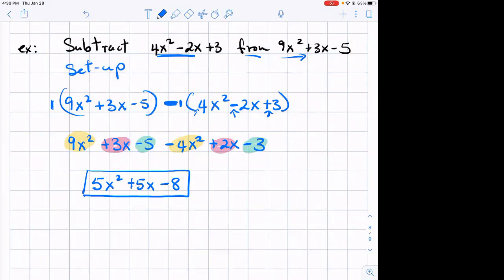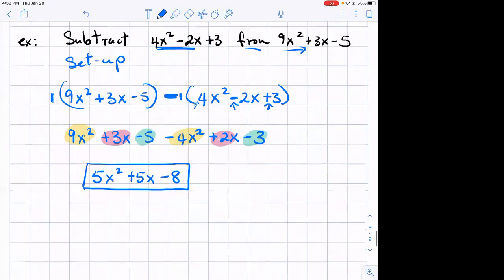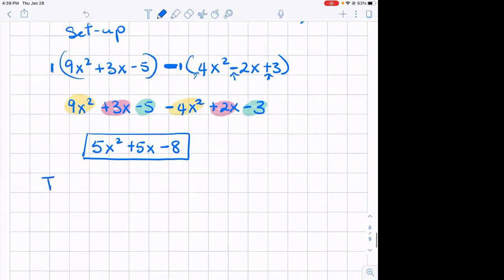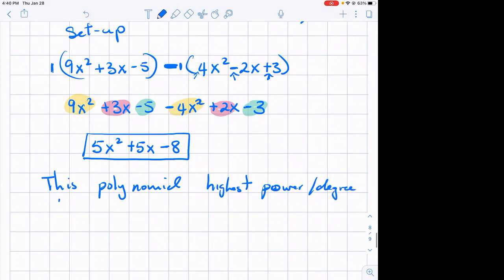Now, there is something unique about this polynomial that I should have mentioned before. Notice that the highest power, or degree, is 2.